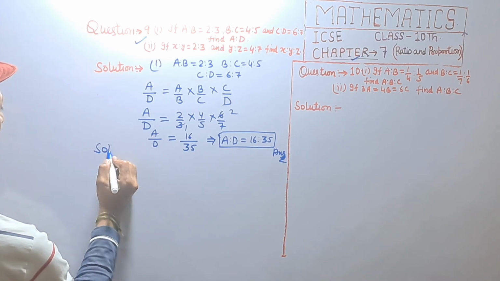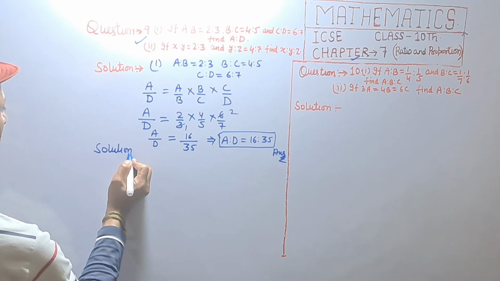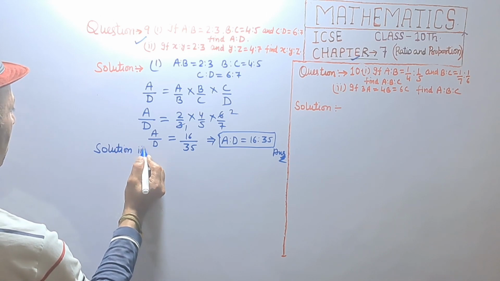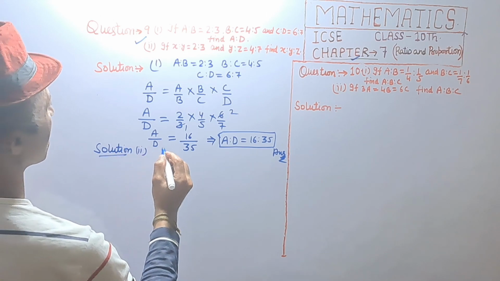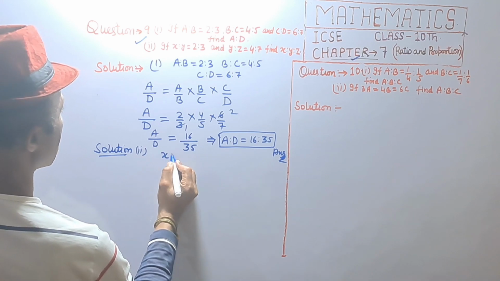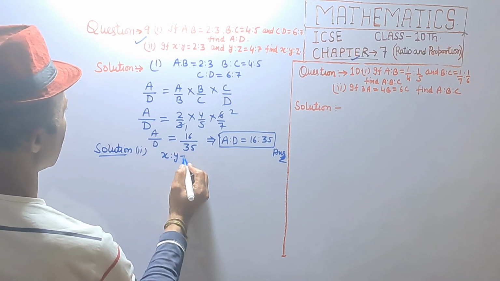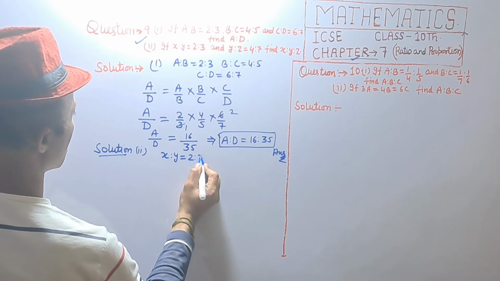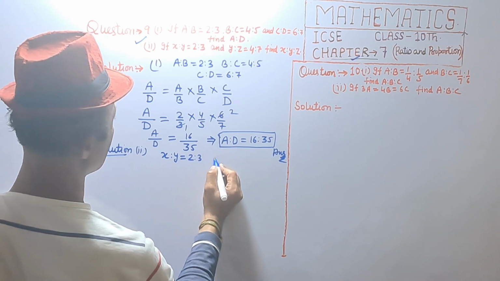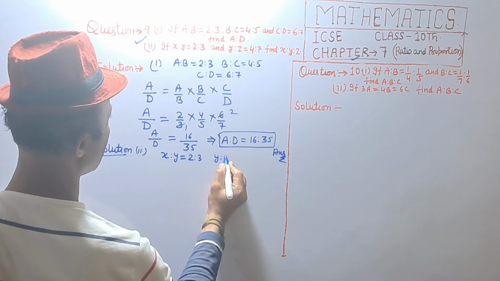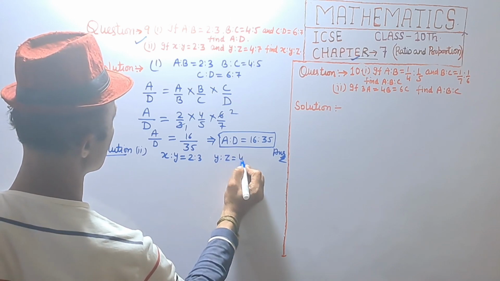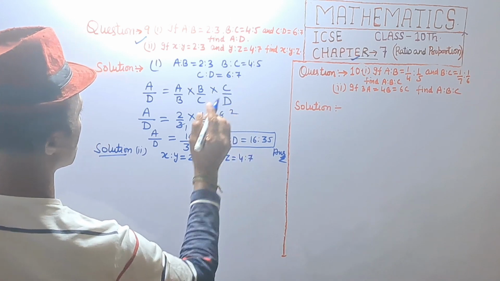And solution, second part. X ratio Y is equal to 2 ratio 3 and Y ratio Z is equal to 4 ratio 7.